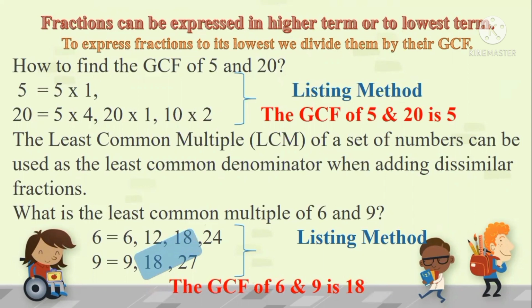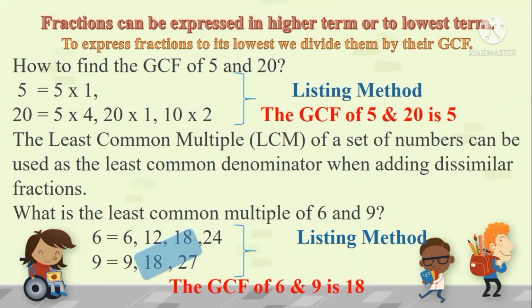So how to find the GCF of 5 and 20? This is just an example. Using the listing method, we are going to list down the factors of 5 and 20. So the factors of 5 are 5 and 1 because if you multiply 5 and 1 together, the result is 5.